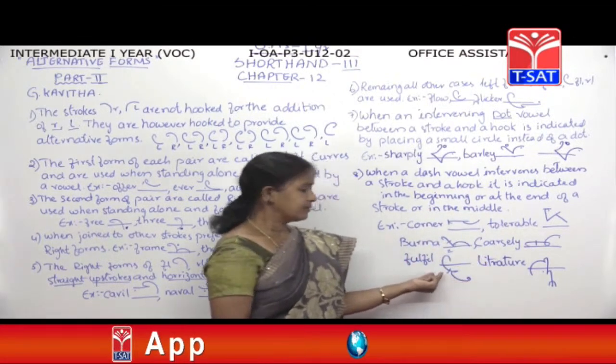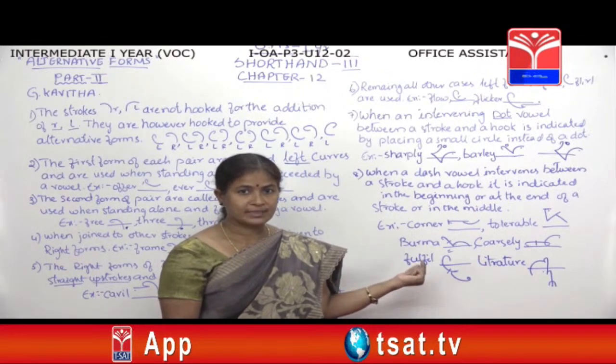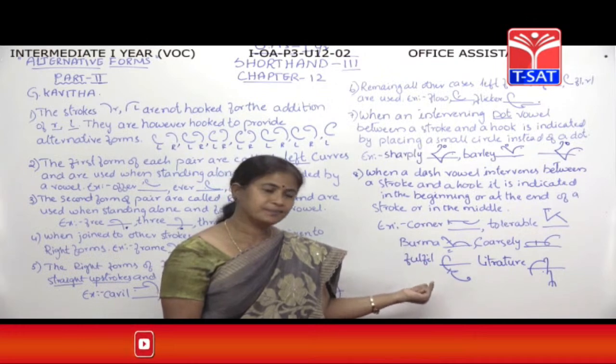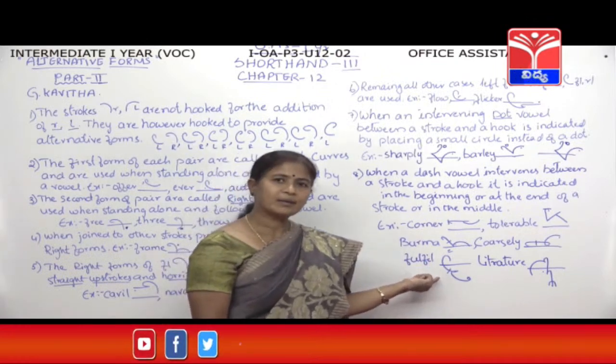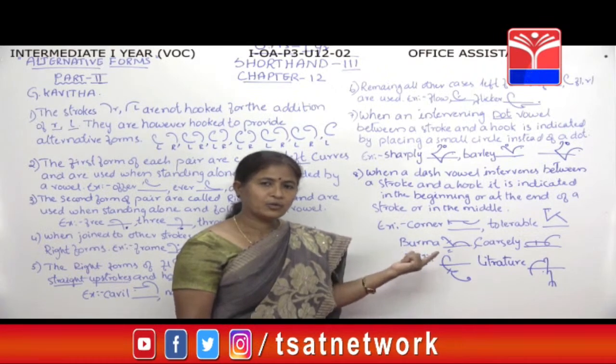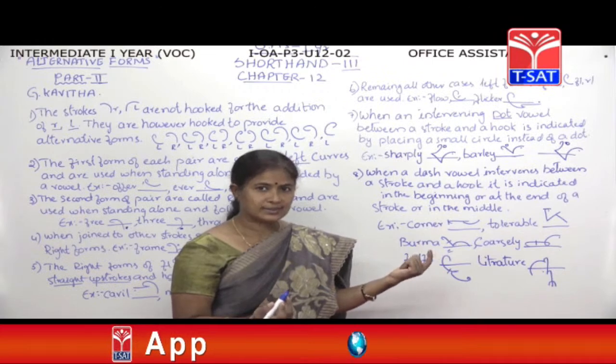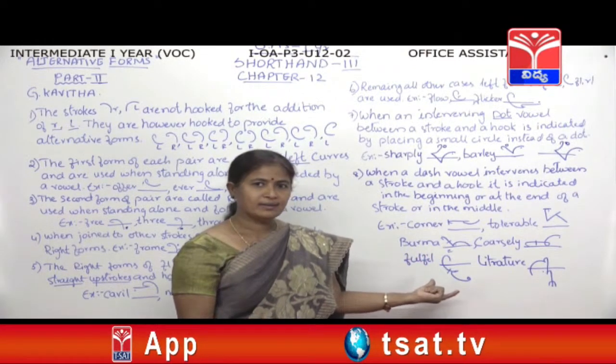Okay? And when a third place vowel comes, how do you place it? Dash vowel, it comes in between a stroke and a hook. We just intersect in the third place. See, fulfill. Full. Full means we write full. Okay, but where do you place the O dash vowel?